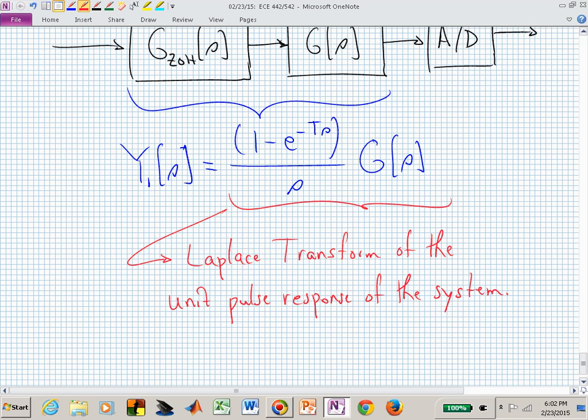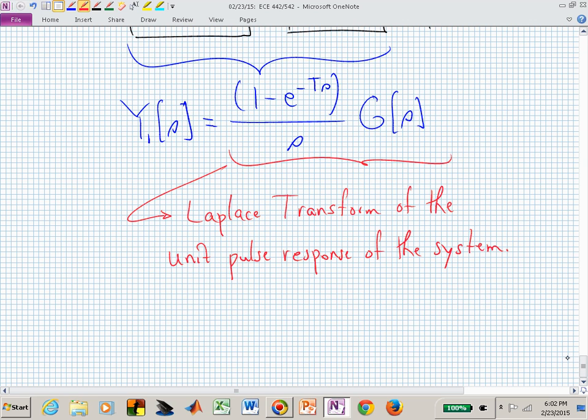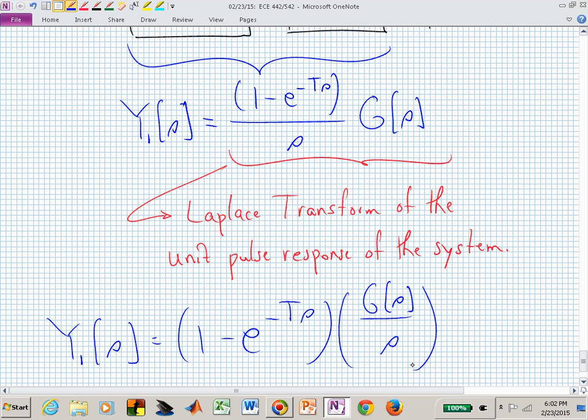And we can write that another way. We could actually combine that G of S with the S in the denominator so that we could now write capital Y sub 1 of S as 1 minus e to the minus ts times G of S over S. And what's that over S?